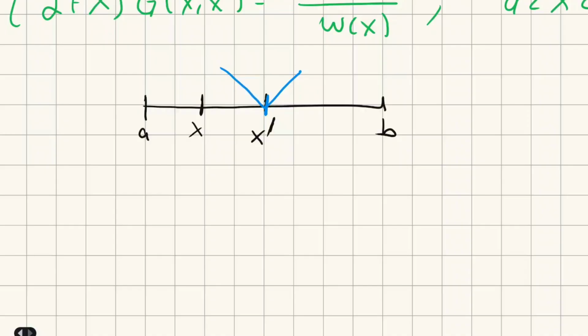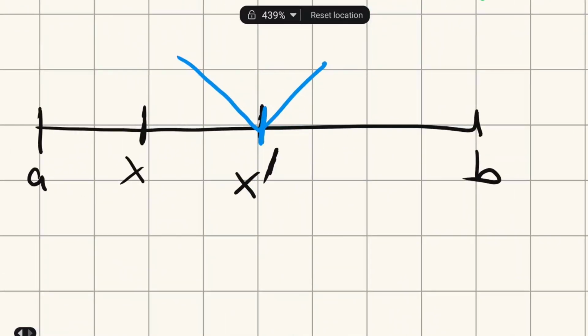But what we are going to show in this video is that the left derivative of the Green function is different from the right derivative of the Green function. So if we take the derivative at x prime of the Green function from the left, we have a certain value, which is the slope of this graph.